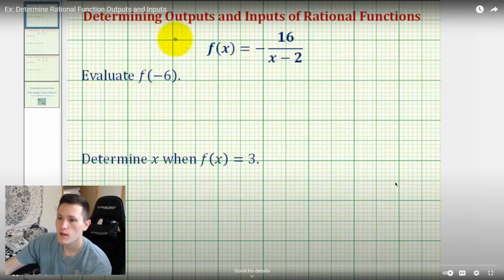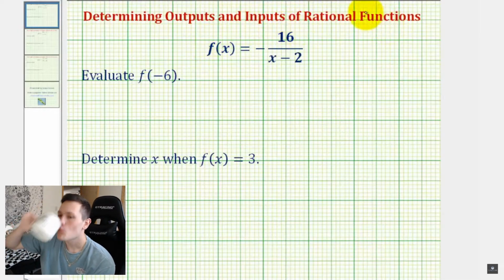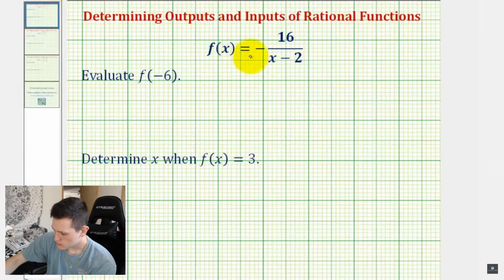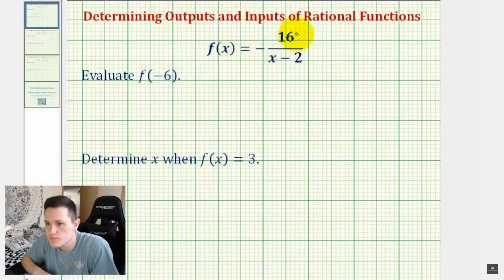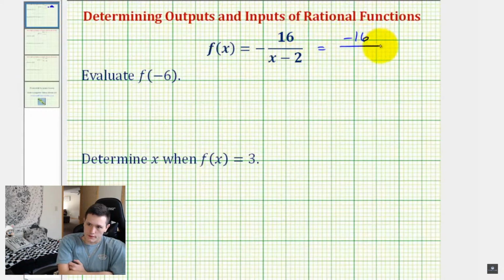Here we go. Now we'll take a look at 3 examples of determining outputs and inputs of rational functions. Here we have an f of x equals negative 16 divided by the quantity x minus 2. Instead of leaving this negative out to the left, I'm going to go ahead and take the opposite of the numerator and write this as negative 16 divided by the quantity x minus 2.